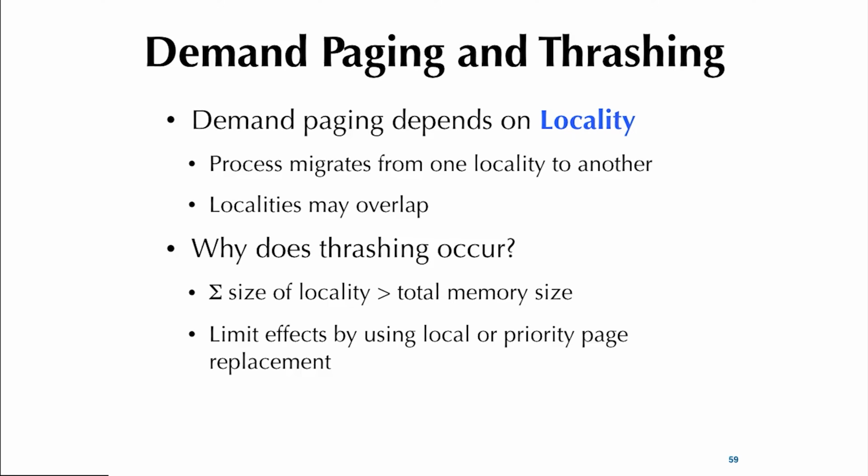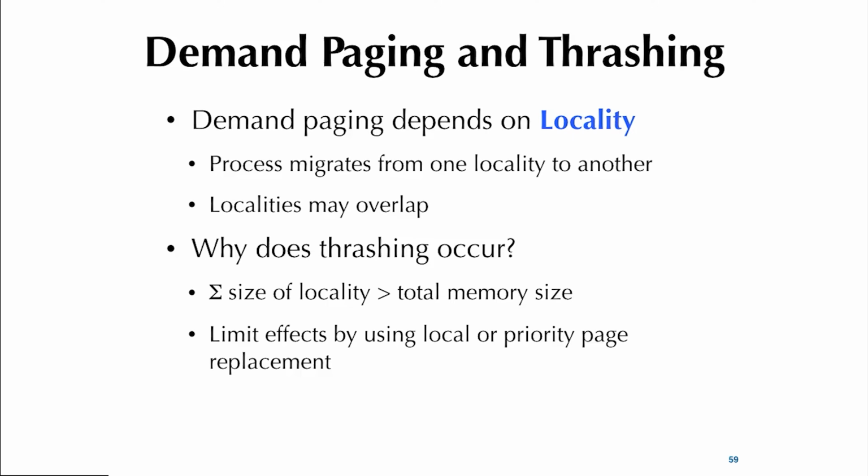Now, demand paging has a somewhat similar concept. It has this concept of the set of memory locations you may be using in a particular time window. Okay, and that's what your locality is.